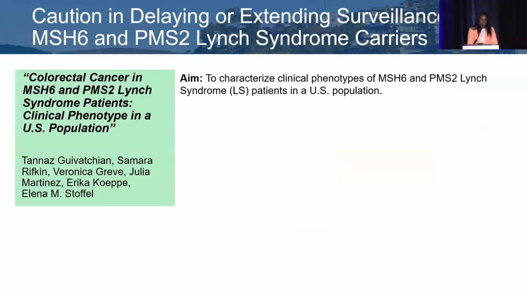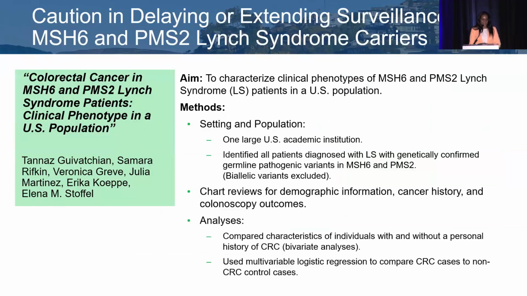So this abstract that was presented at DDW tried to understand this new guidance in the context of the US population. They tried to characterize the clinical phenotype of Lynch syndrome patients with MSH6 or PMS2 in the US population. This was performed at one large academic institution, and they identified patients with Lynch syndrome specifically of these subtypes.